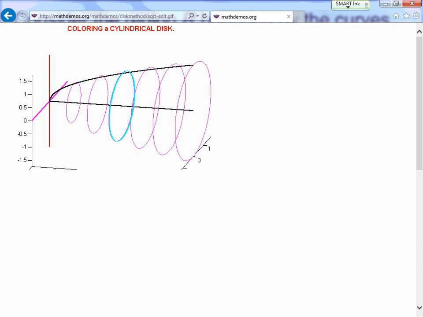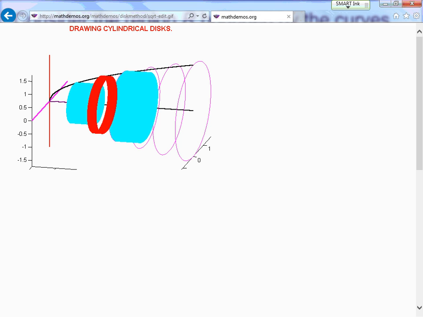Each one of those slices would be like a little cylindrical disc. If we were to pull that out, that would be our circular cross section, which we'll write an area formula for.